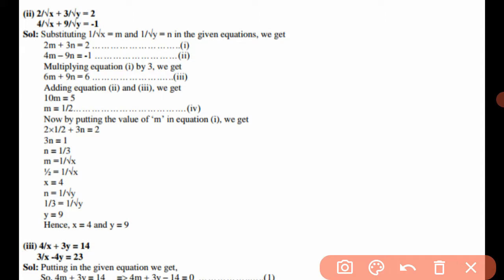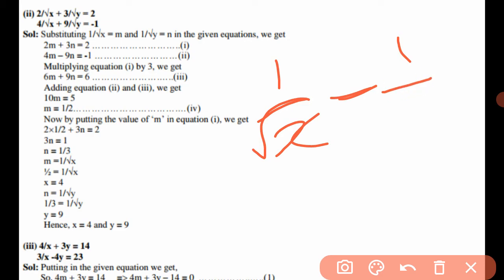As we know, we considered 1 upon under root x equals m, and we found m equals 1 upon 2. Now by cross multiplication, under root x will be equal to 2.